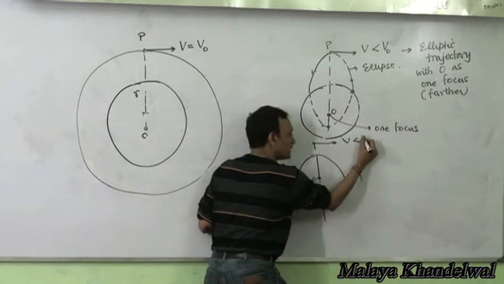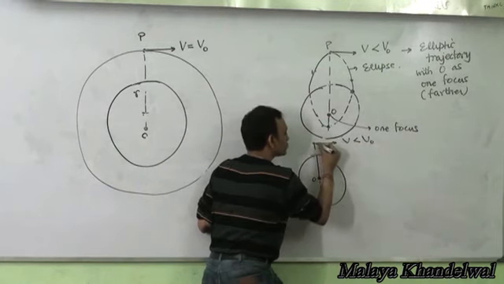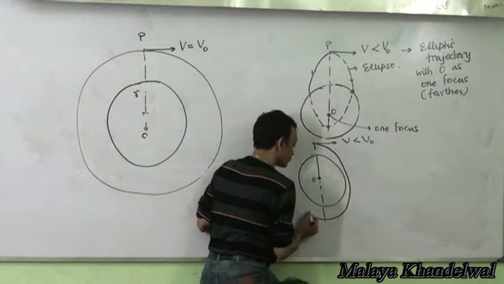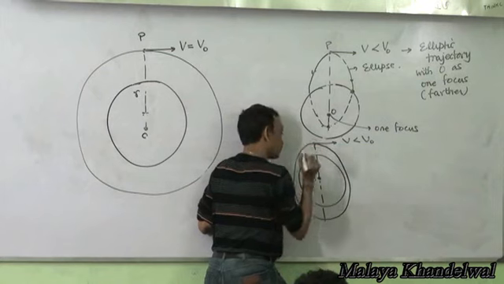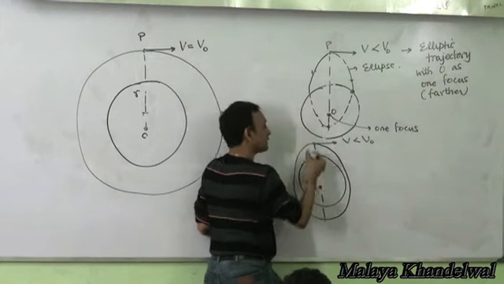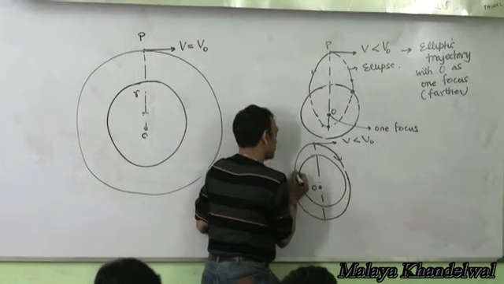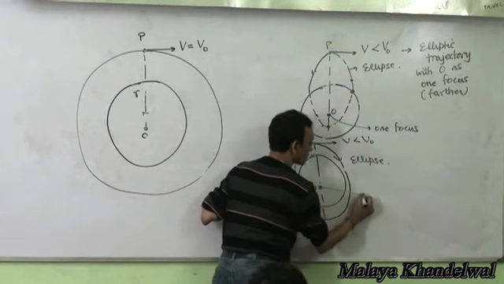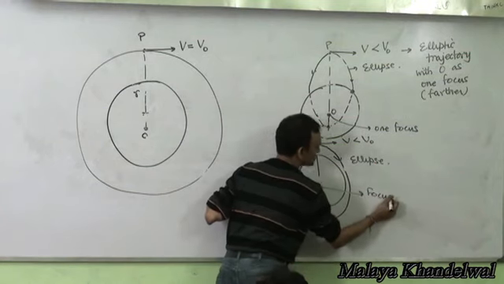With V less than V naught, again depending on how much less, it could actually execute a full ellipse with O as one of the foci. This is another possibility.